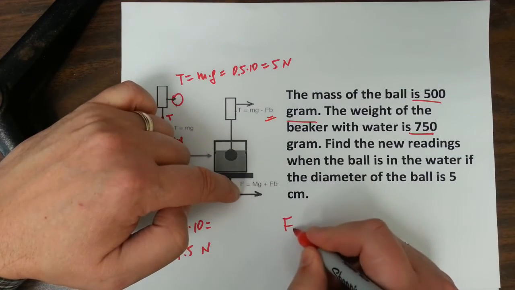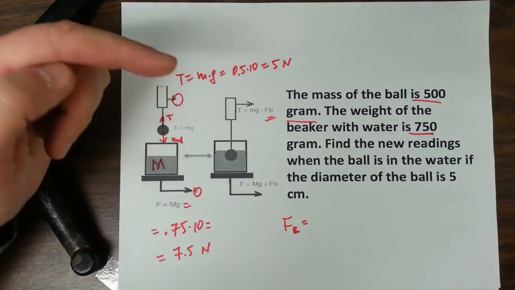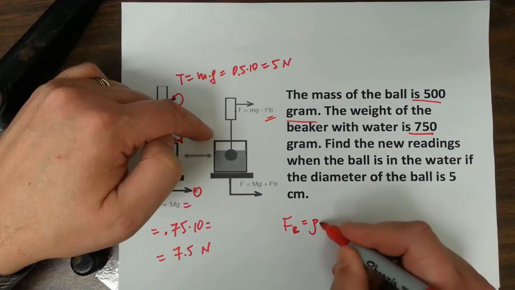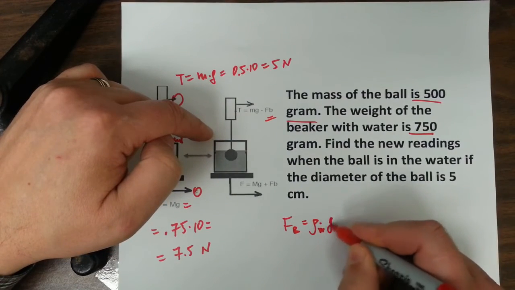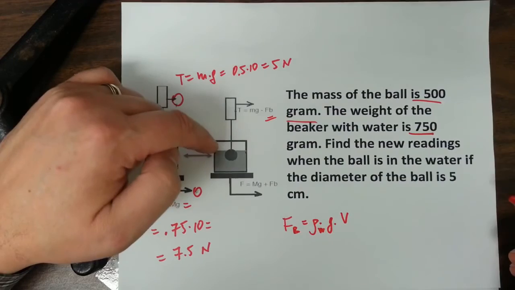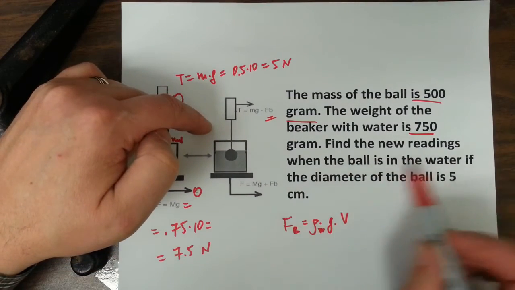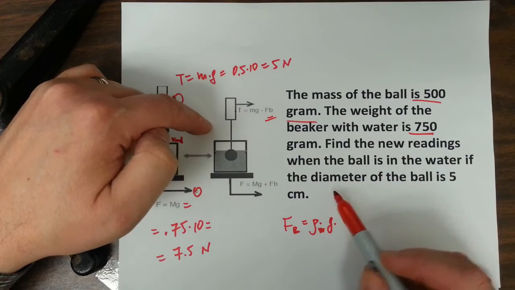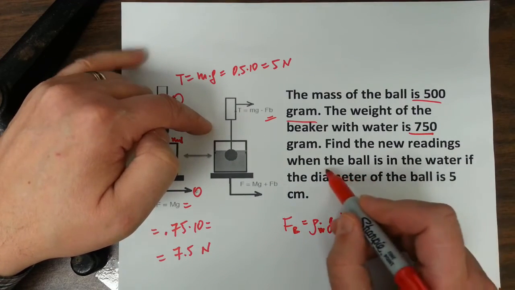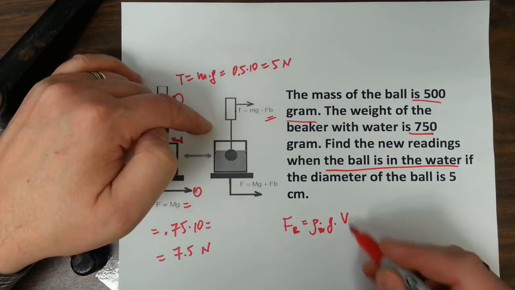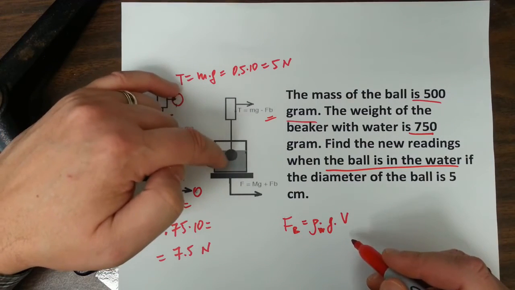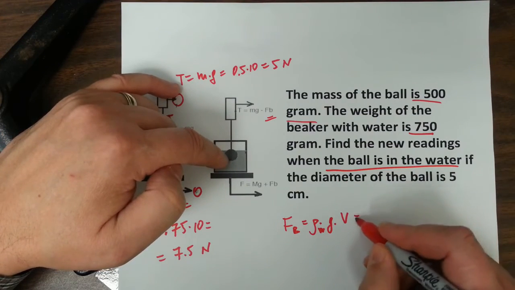And to calculate the buoyant force, we have to do again density of water times G times the volume. Well, the volume below the surface, in this situation the whole ball is in water, so this should be the total volume of that ball.